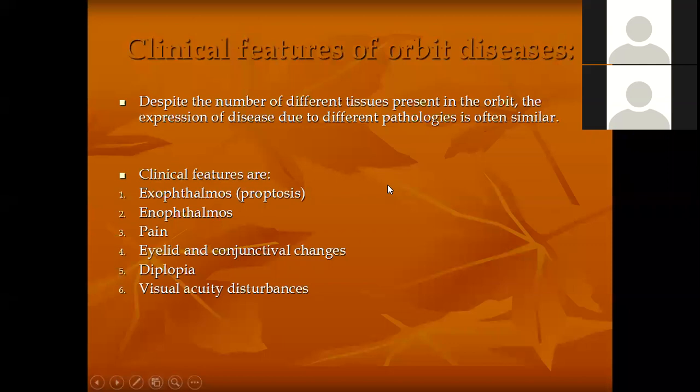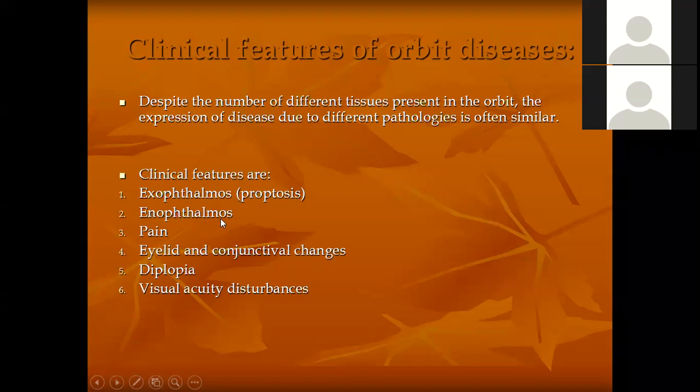What are the diseases of the orbit? There is protrusion of the eyeball, which is called proptosis. If this proptosis is due to thyroid eye disease, then we will term it exophthalmos. Exophthalmos is always bilateral. Proptosis can be unilateral, but exophthalmos is always bilateral.